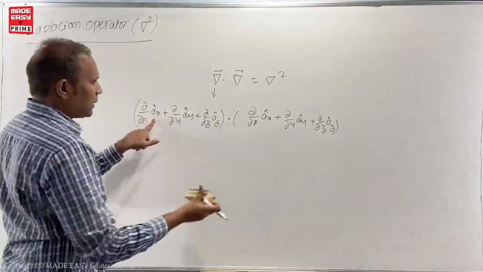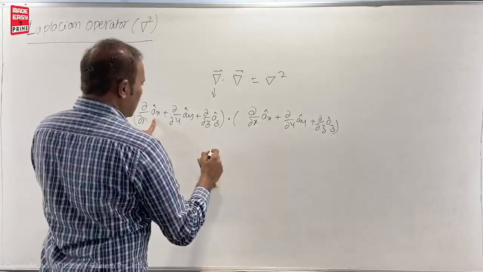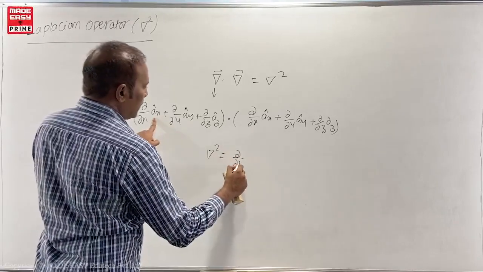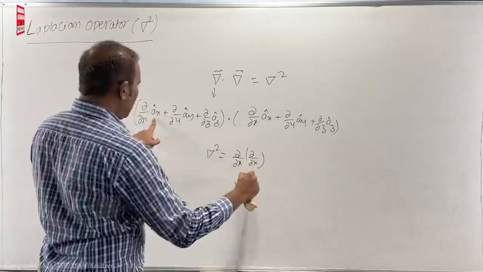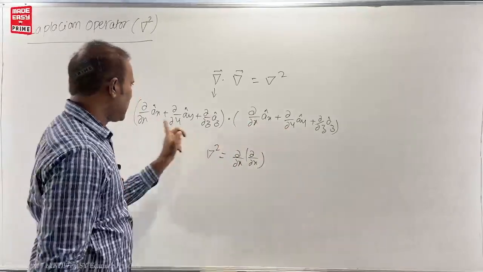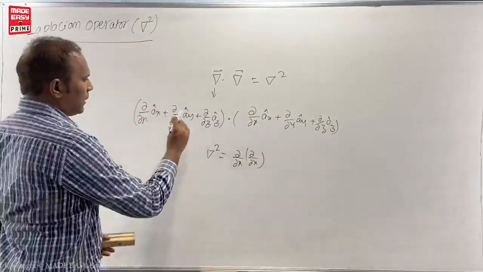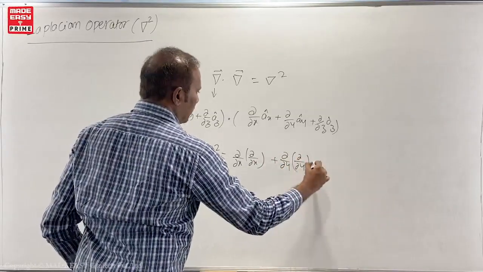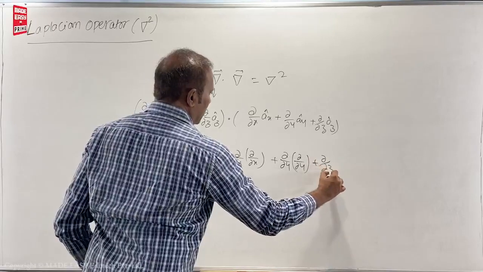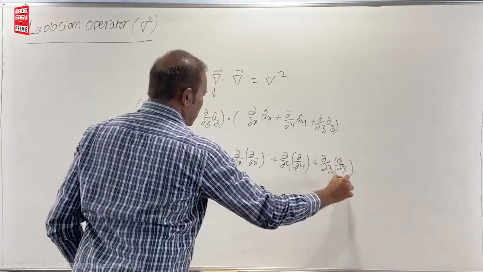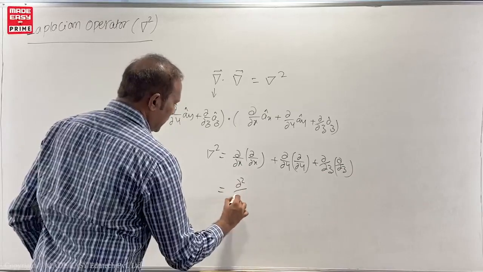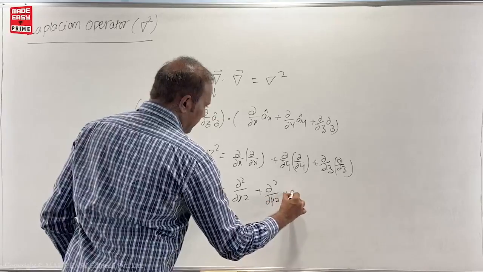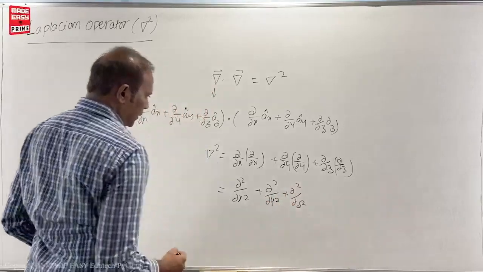Now ax dot ax is 1, ax dot ay is 0, ax dot az is 0. So every time you get only the x term, then only the y term, then only the z term. So this is nothing but dou square by dou x square, double differentiation. So del square means actually double differentiation, students.